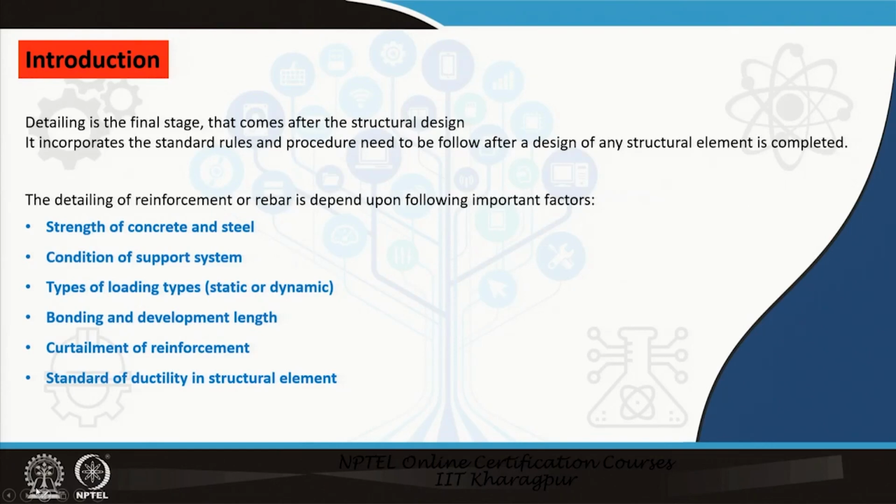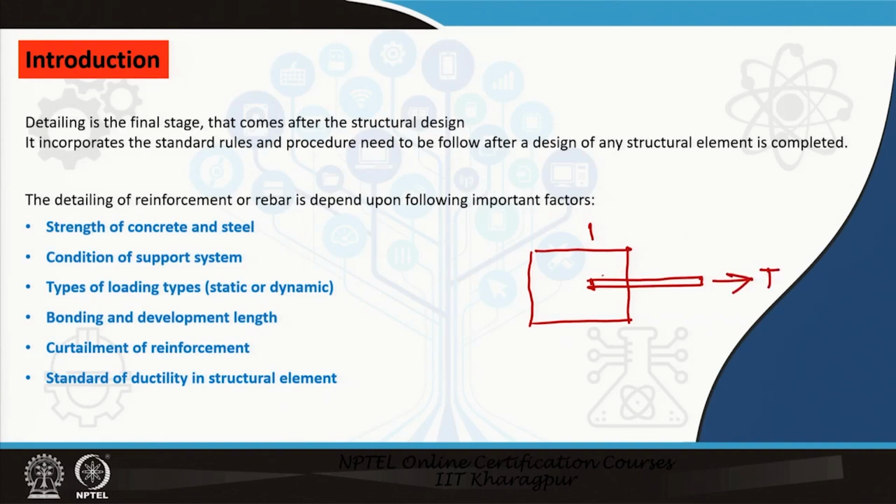The bonding and the development is one of the prime criteria for detailing. Bonding means, suppose I draw here a particular concrete element and there is a rebar or reinforcement bar. Suppose this bar is under some kind of tensile pull.